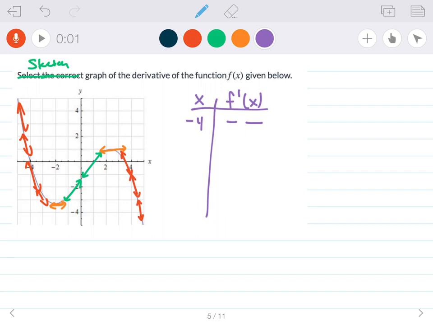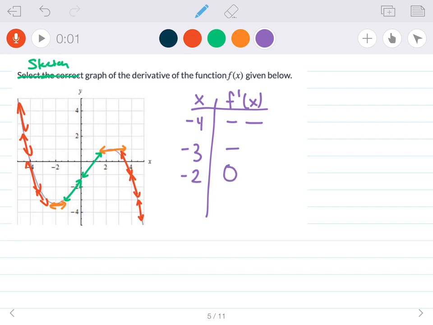And then as we get closer and closer to -2, it starts to drop off, right? Maybe at -3, it's still negative, but not as negative because the tangent line's flattening out to 0. And then at -2, that slope appears to be 0.